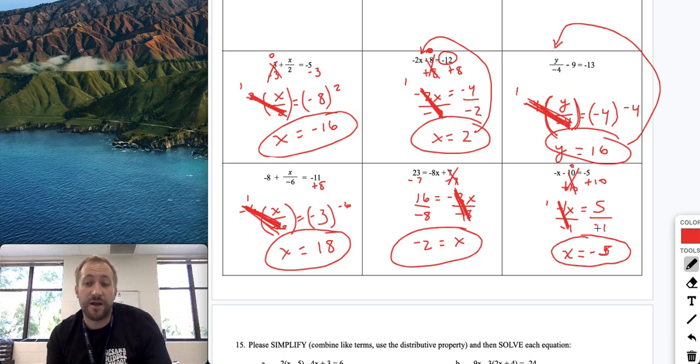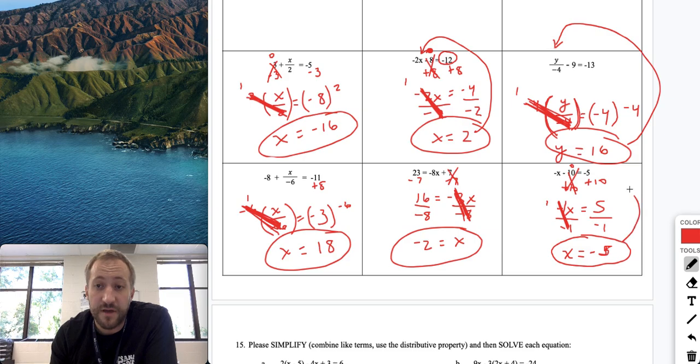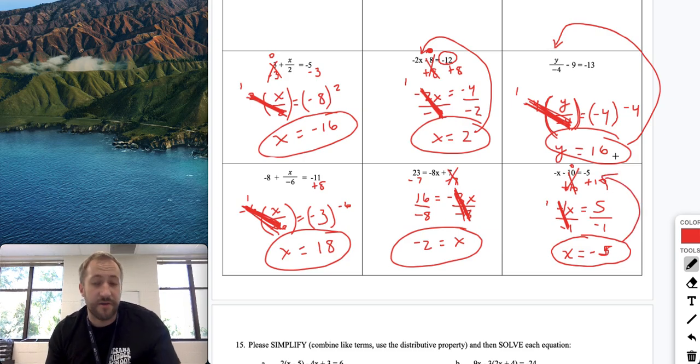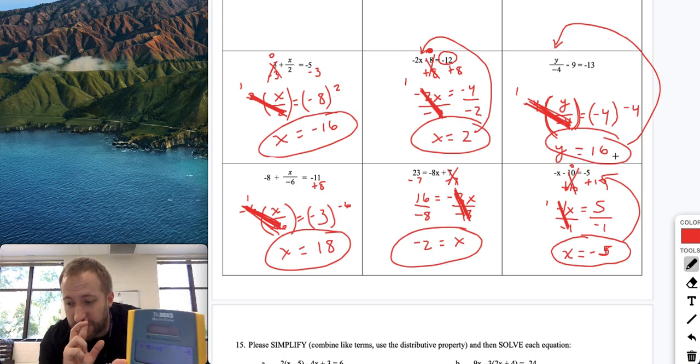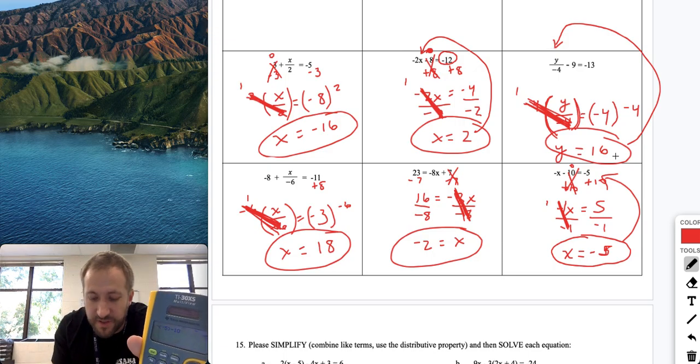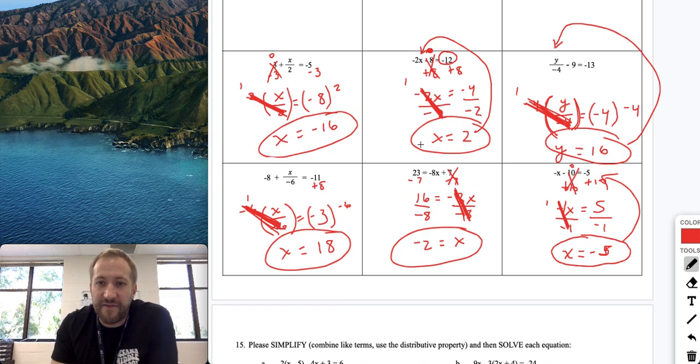Now, let me plug this back in and use substitution and see if I get the right answer. So in my calculator, I'm going to have negative 5 minus 10, and it gives me negative 5, which is exactly what I'm looking for. Now, this is a little confusing because when I plug it back in my calculator, I have to remember this is essentially negative 1x.